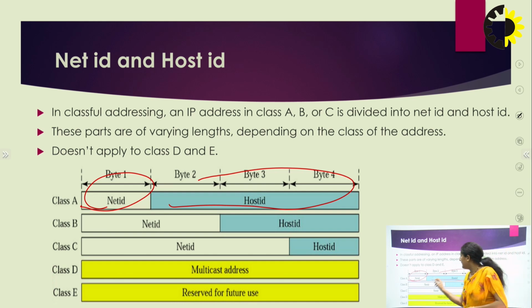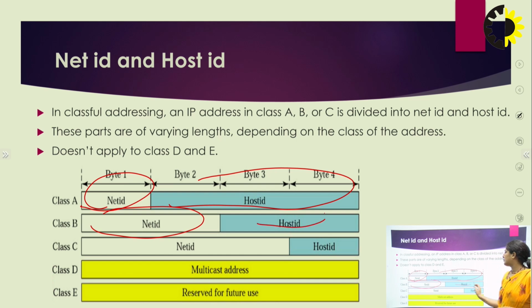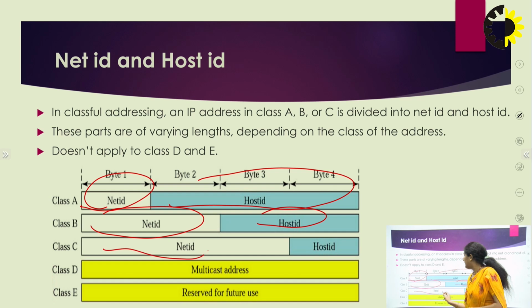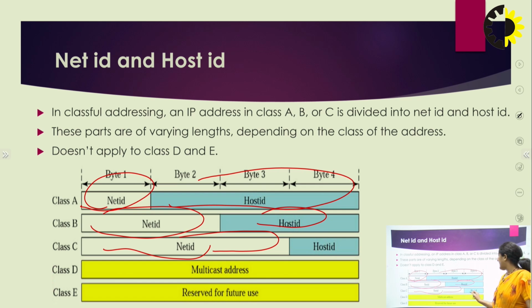In class B, the first 2 octets are used for the network ID and the last 2 for the host ID. Class C uses the first 24 bits as the network ID and the last octet as the host ID.